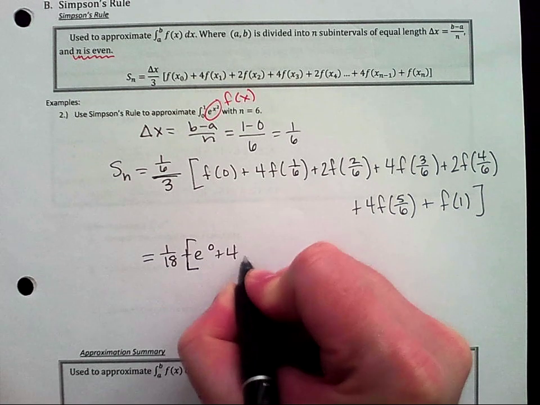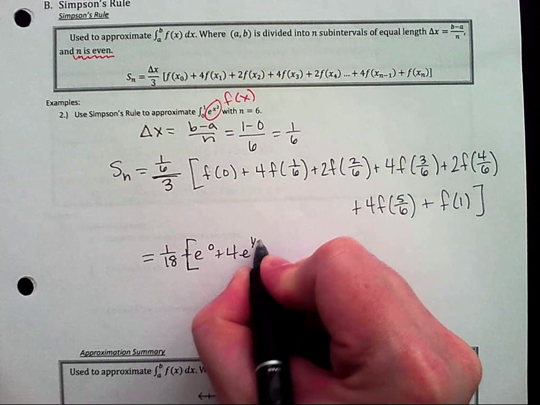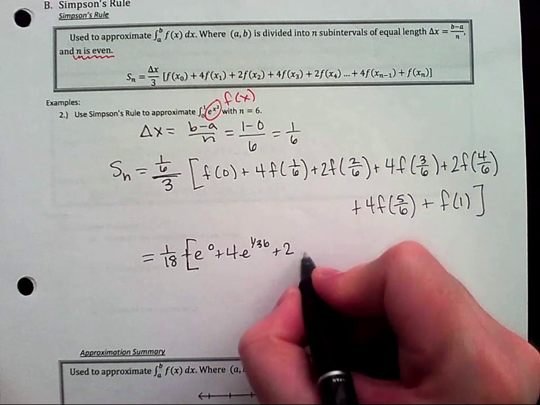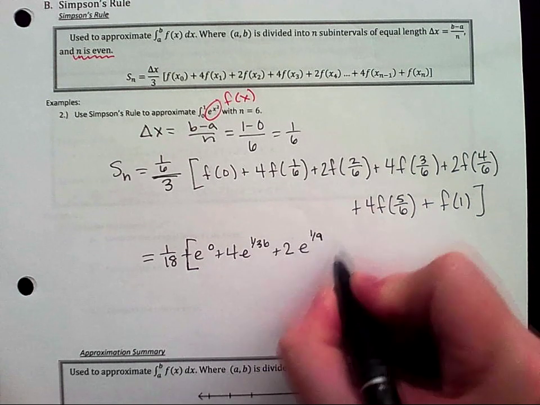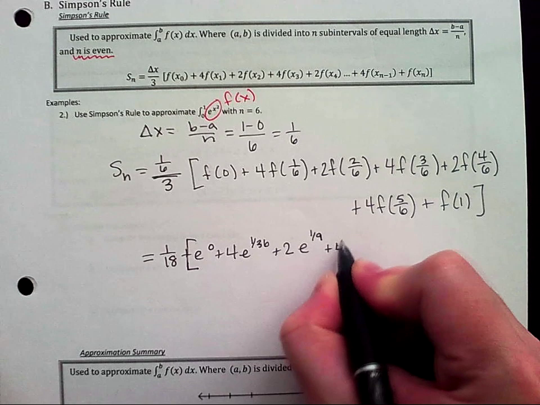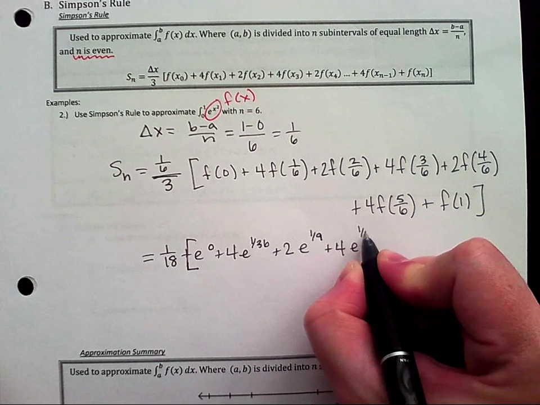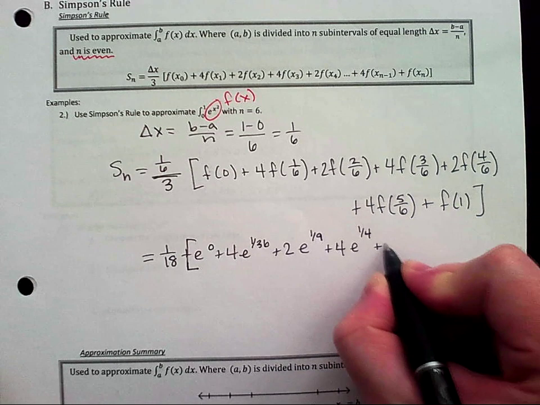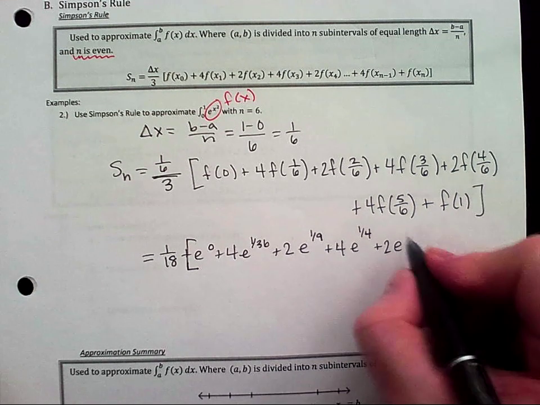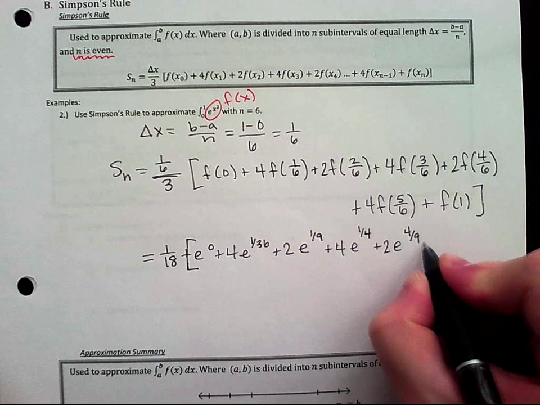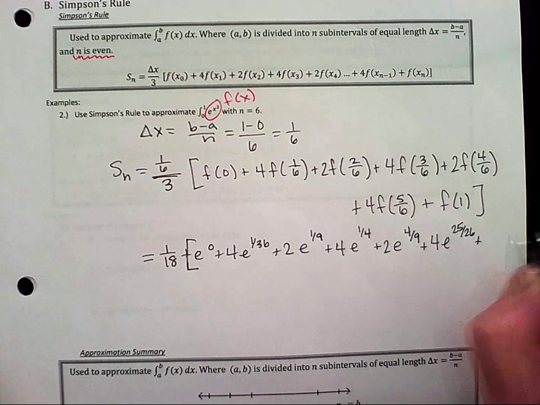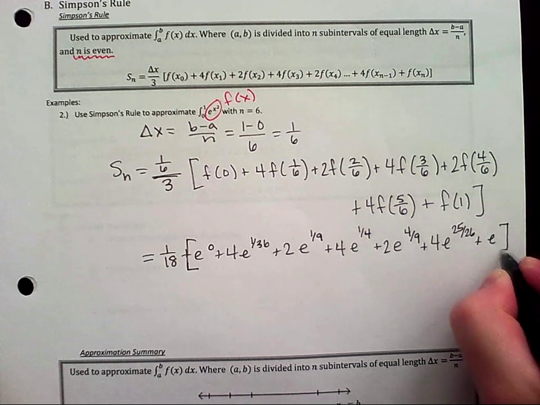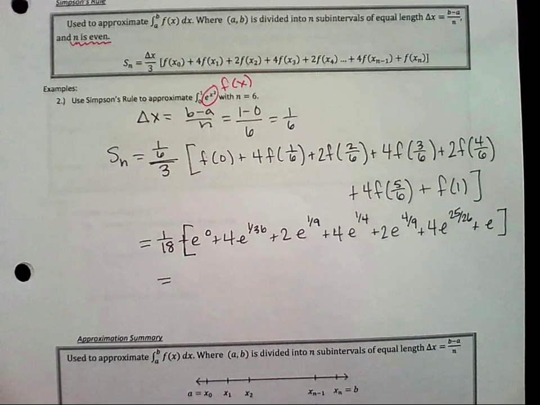Plus 4, e to the 1/6 squared, which is 1 over 36, plus 2, e to the 1/3 squared, which is 1 over 9, plus 4, e to the 1/2 squared, which is 1/4, plus 2, e to the 2 over 3, so 4 over 9, plus 4, okay. Again, super ugly, so I'm going to have to use my calculator to approximate it.